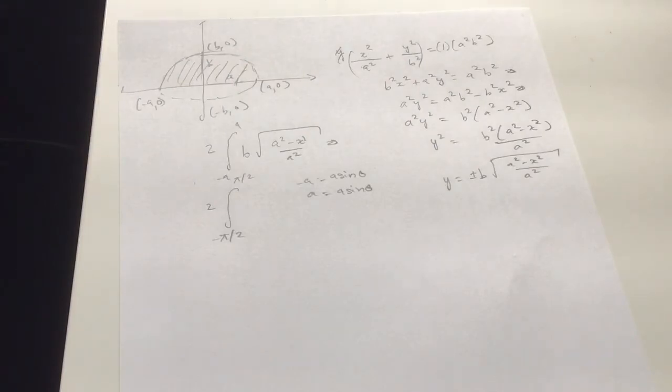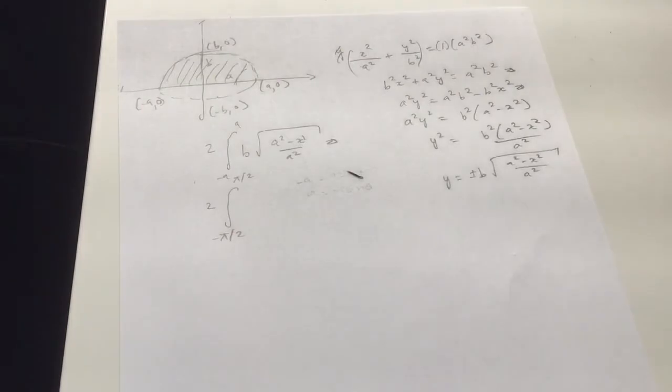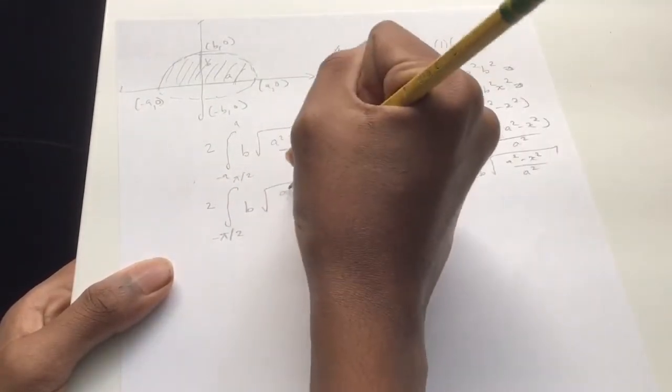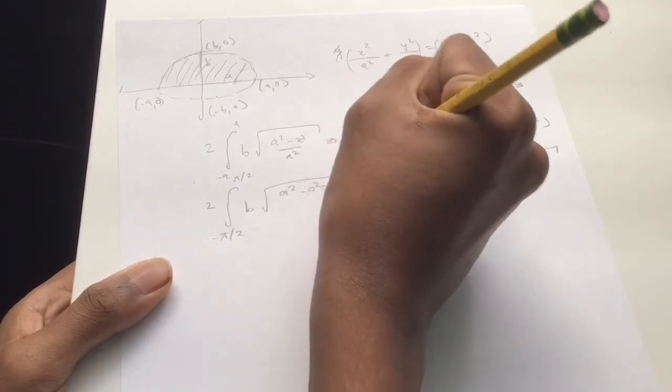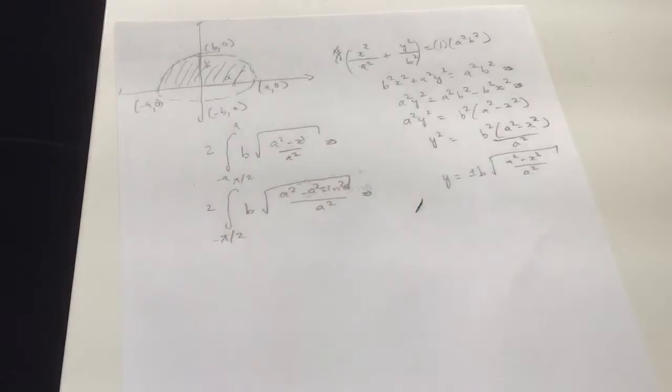Let me get an eraser. Okay, and then now just the regular stuff. b root a squared minus a squared sine squared theta over a squared. I'm making a lot of mistakes.